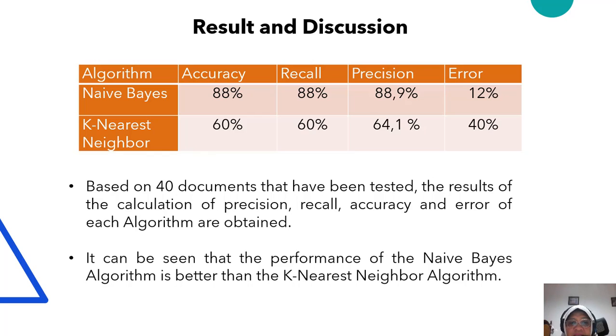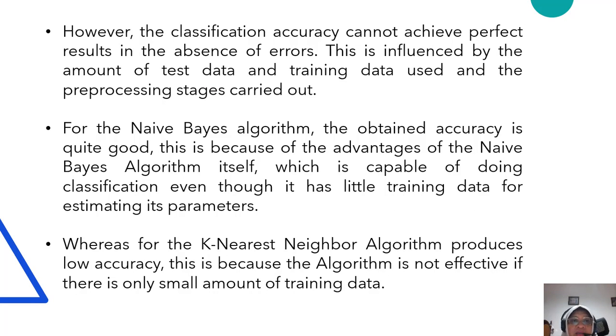It can be seen that the performance of the Naive Bayes algorithm is better than the K-Nearest Neighbor algorithm. However, the classification accuracy cannot achieve a perfect result with an absence of error. This is influenced by the amount of test data and training data used and the pre-processing stage carried out.